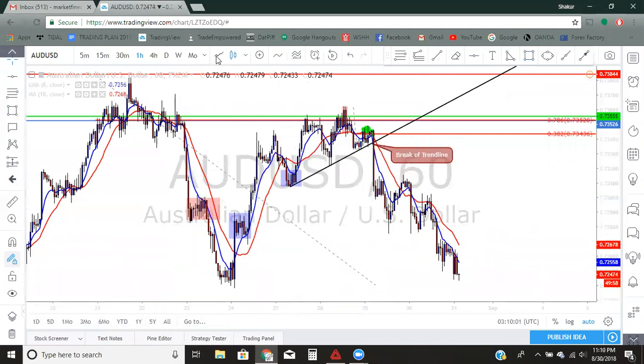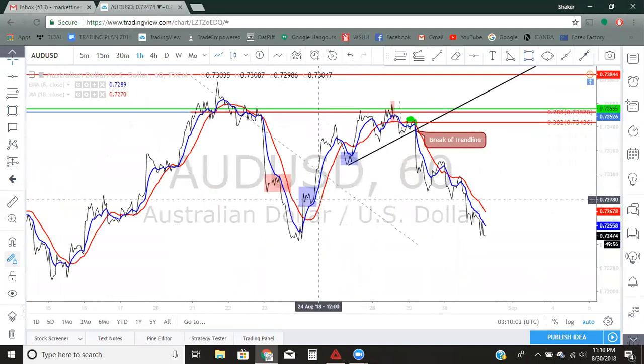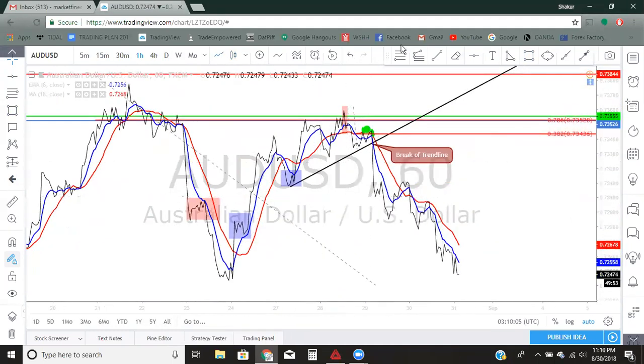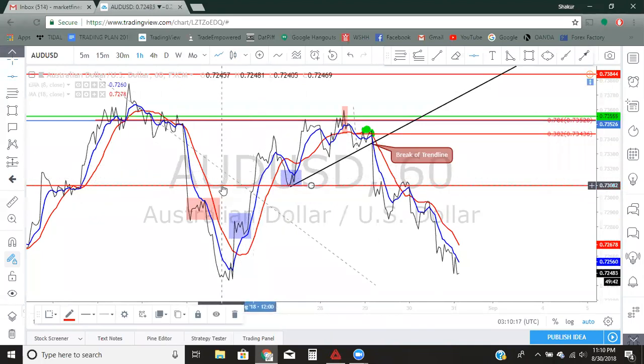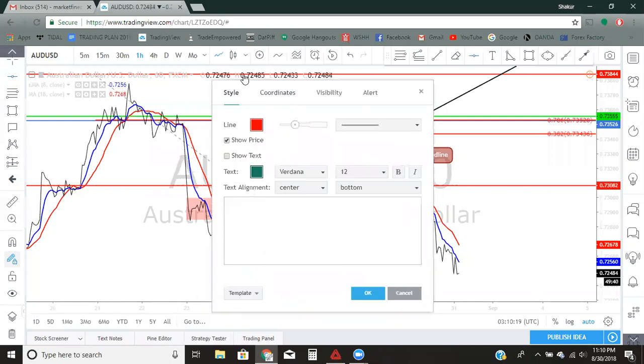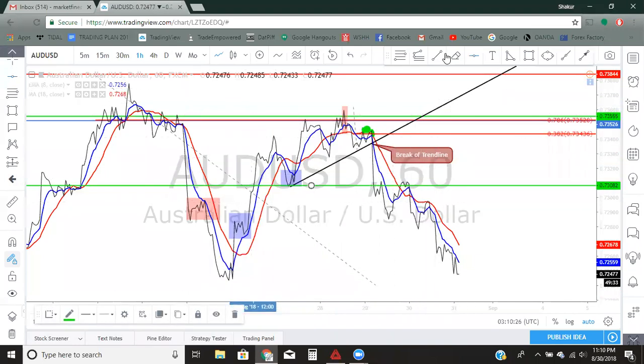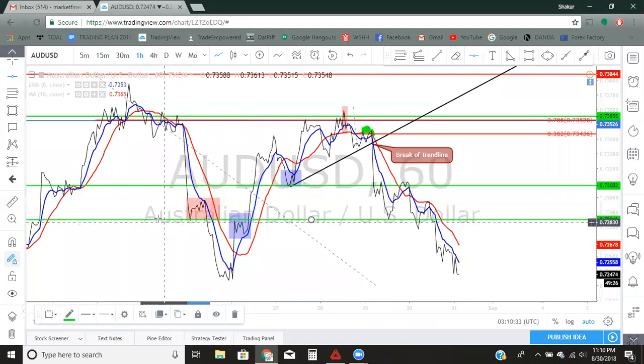From there, I went to my line chart and I actually started trying to mark up down here, where would the market respect or where would it bounce off of? So as of right here, you had this whole little zone that was considered as a support and resistance. You had another one, which was right here.